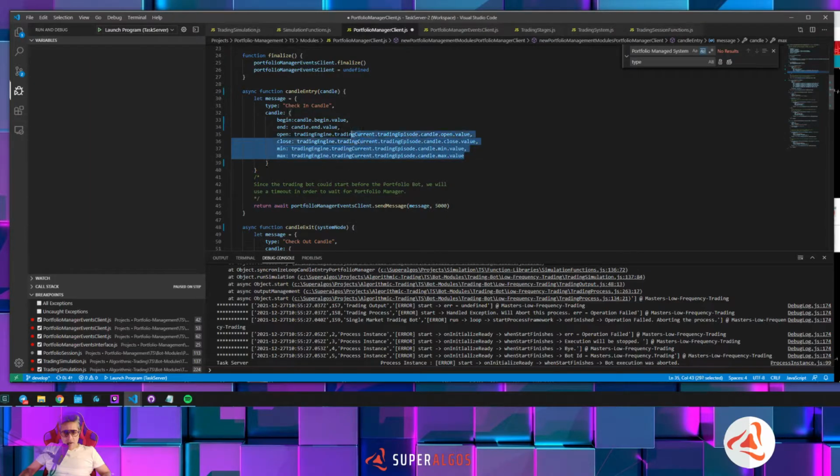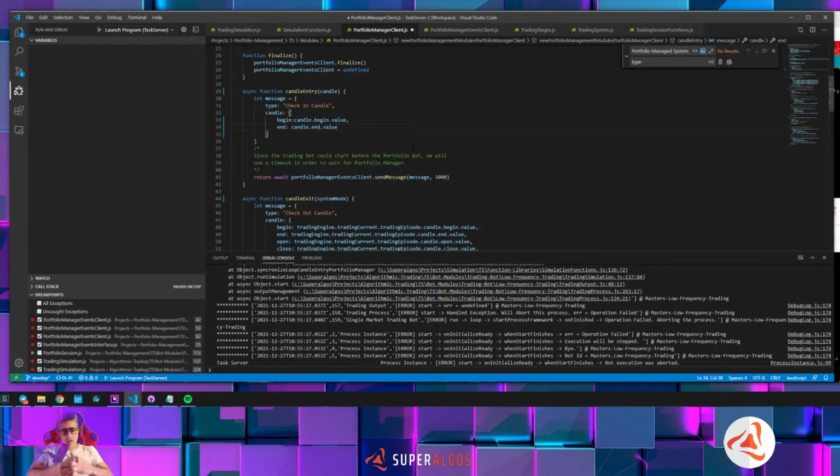Another thing is that these are not just normal candle objects, but candles extracted from the trading engine, where the value is in the value property. Okay, so I don't really like this.